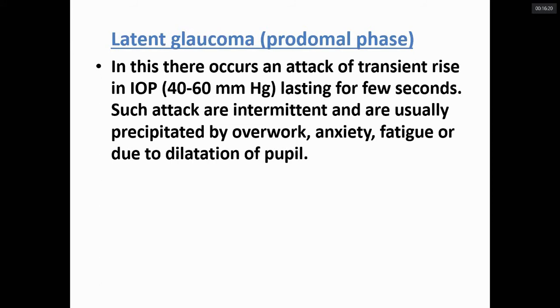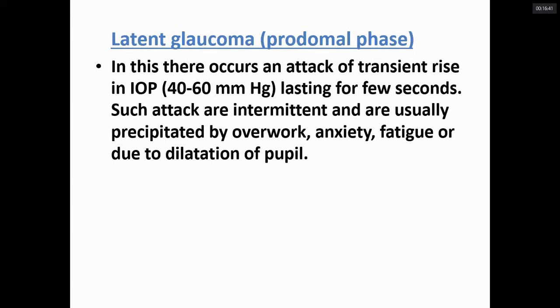So latent glaucoma or prodromal phase: in this there occurs an attack of transient rise in IOP, that is 40 to 60 millimeter of mercury, lasting for a few seconds. Such attacks are intermittent and usually precipitated by overwork, anxiety, fatigue, or dilatation of the pupil. So what happens?